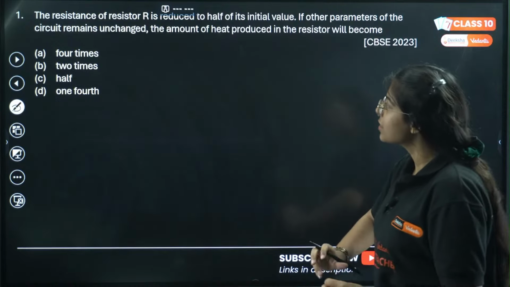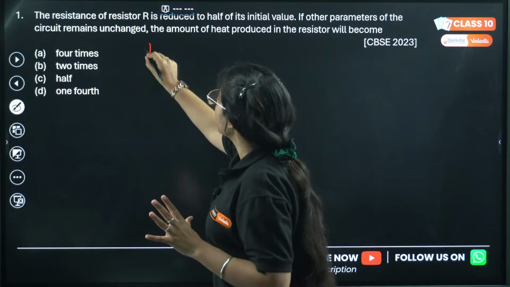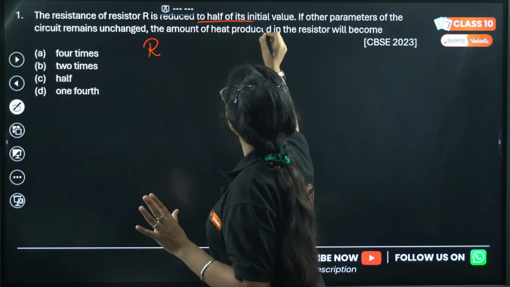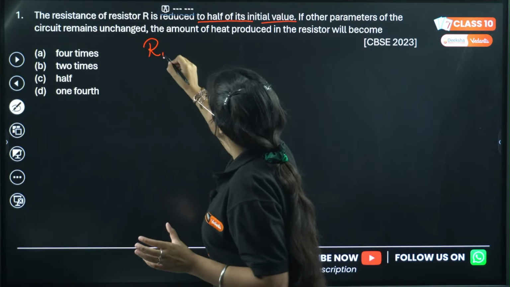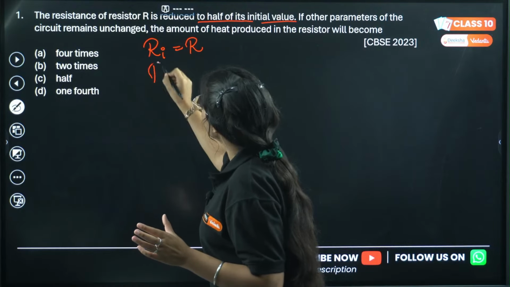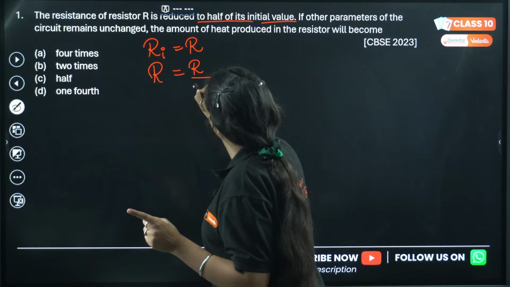There is a resistor R and its resistance is reduced to half of its initial value. Let's say the initial value is R. Now its value is reduced to half of its initial value.